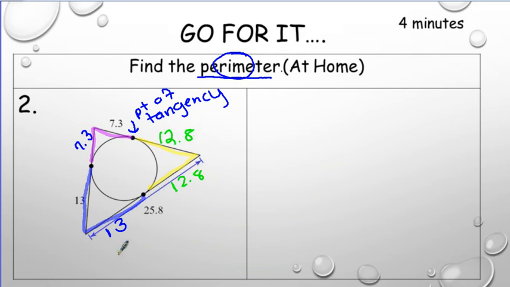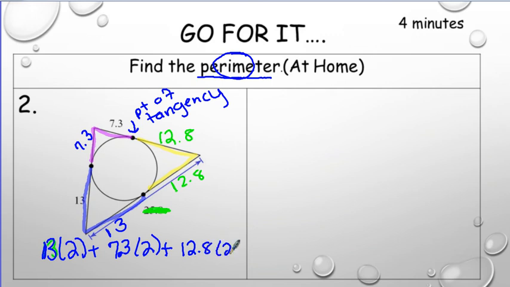Now I found these different pieces, but I haven't answered the question yet. It said find the perimeter. So you're going to add all of those pieces together, and scratch this one out so you don't add it in there twice. So we're going to do 13 times 2, because I have two 13s, plus 7.3 times 2, plus 12.8 times 2.